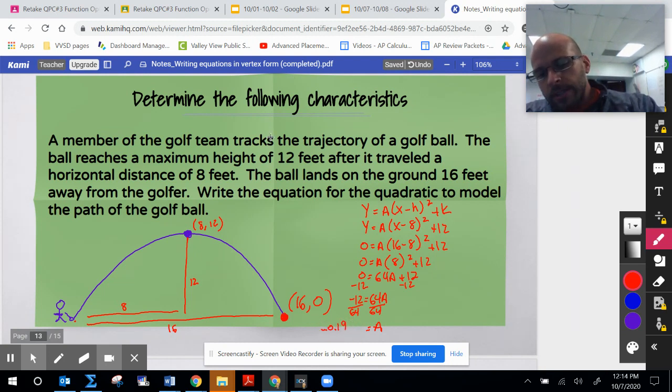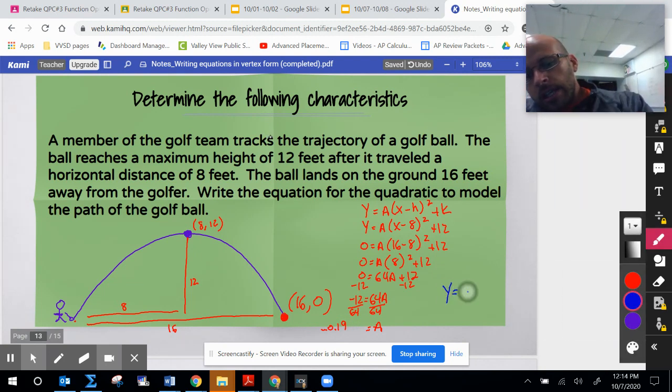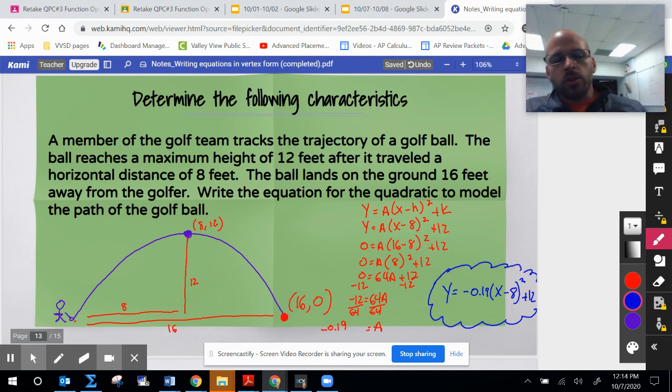I'm going to round it off to negative 0.19. So my equation is y equals negative 0.19 times x minus the vertex, which was 8, squared plus 12. This is the equation for the quadratic of that golf ball.